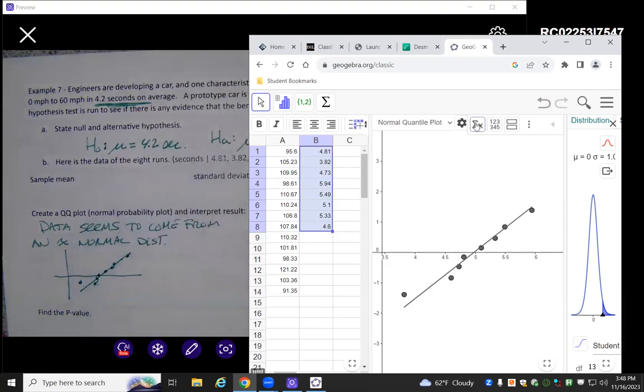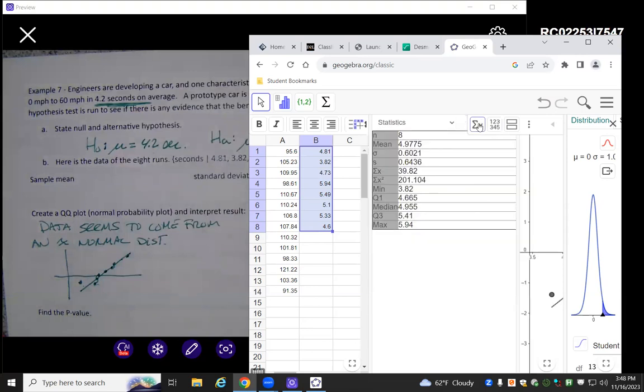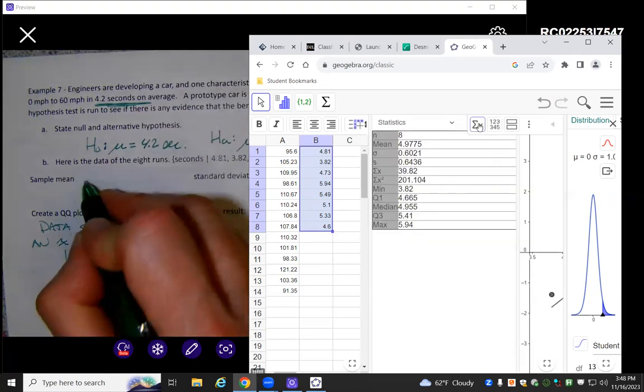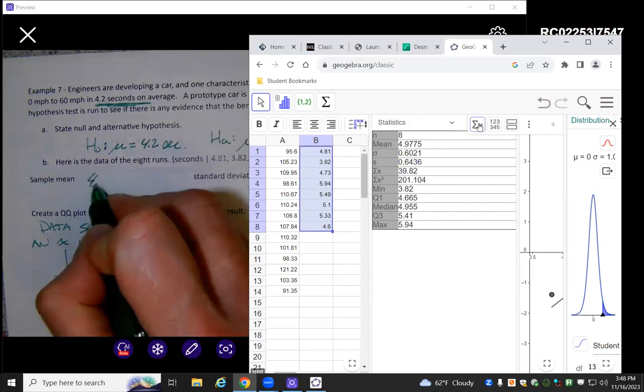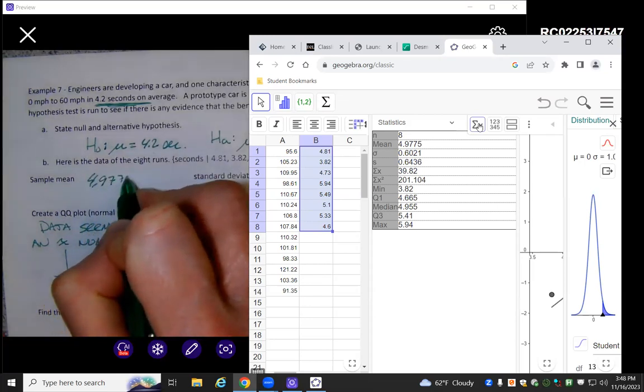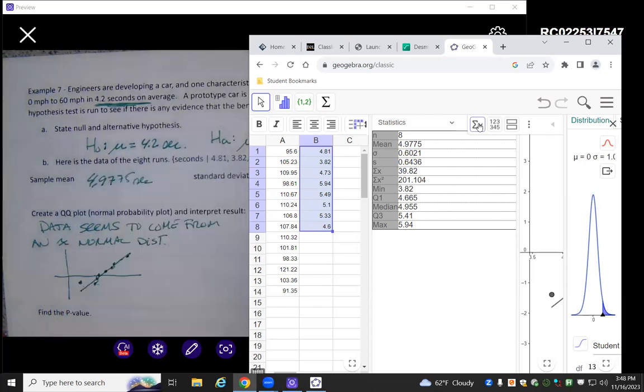Again, I'm going to come over here to the summation symbol, sitting right here, and then I'll get my mean. My mean turns out to be 4.9775 seconds, and a standard deviation of, there we go, 0.6436 seconds.